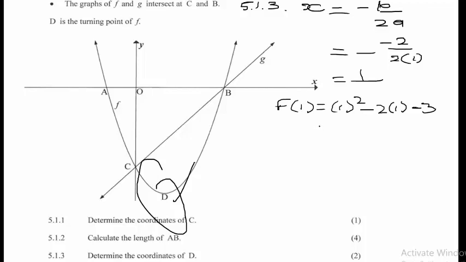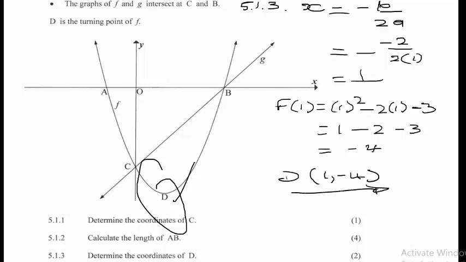Therefore, once you have done this, you will note that this will be your 1, this will be your -2, this will be your -3, and your answer will be -4. And your coordinates for D are 1 and -4. So that's your answer.